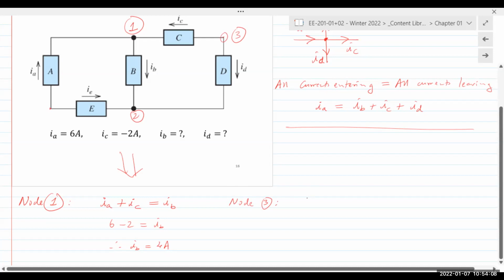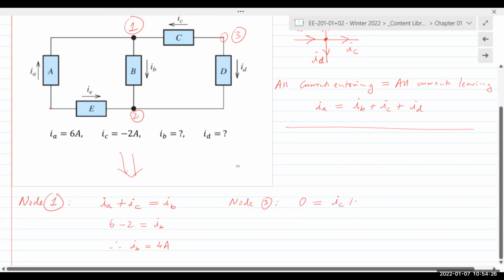At node 3, nothing is entering the junction, which is not physically possible, obviously. But mathematically speaking, I can still write it out. So at node 3, I have only 2 currents, IC and ID, and both of them are leaving.